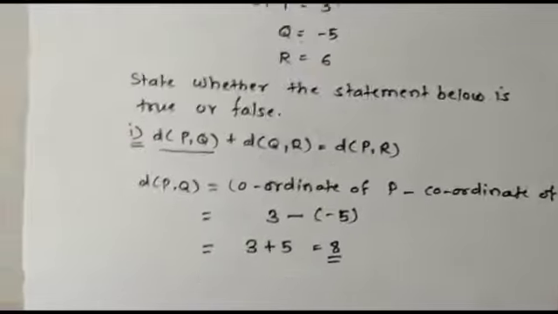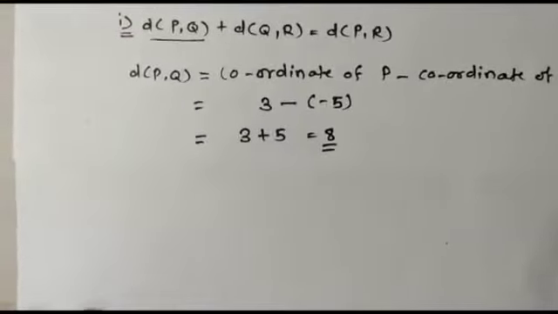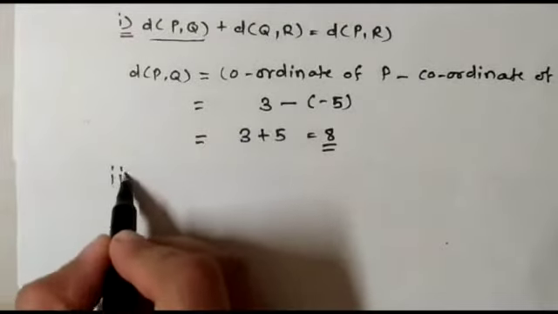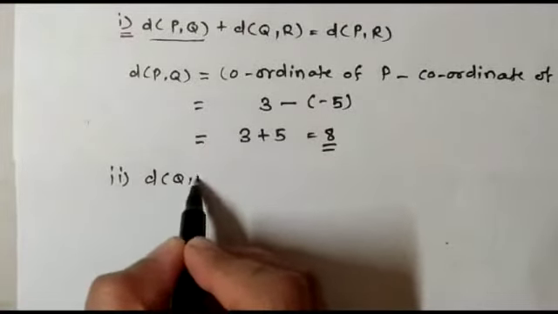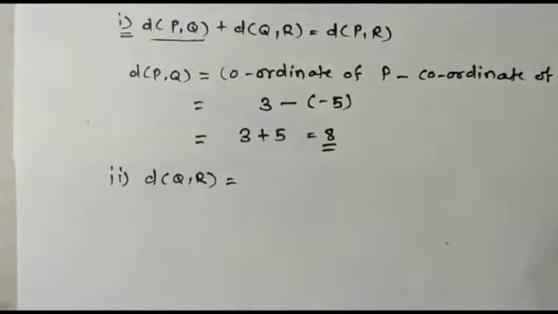Similarly, we have to find distance QR also. So distance QR will become, again we have to check the coordinates. Here coordinate of Q is negative 5 and coordinate of R is plus 6. Again a positive number is greater than negative number.